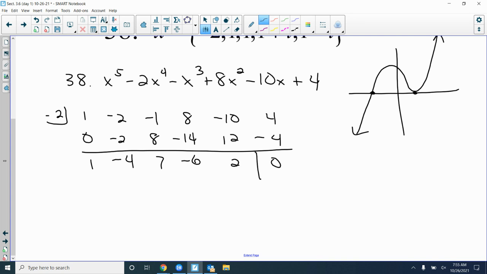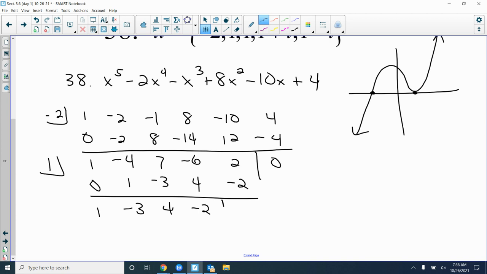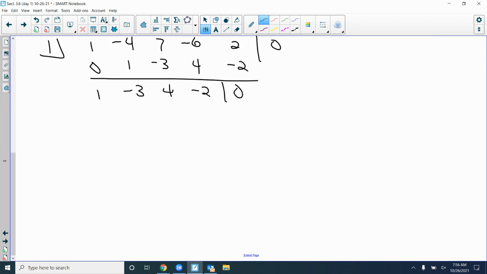And then I use 1 here. That's -3, 4, 4, -2, -2. I get another 0. And you got to use 1 again because of the bounce.